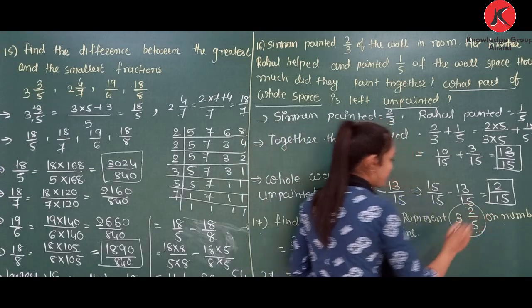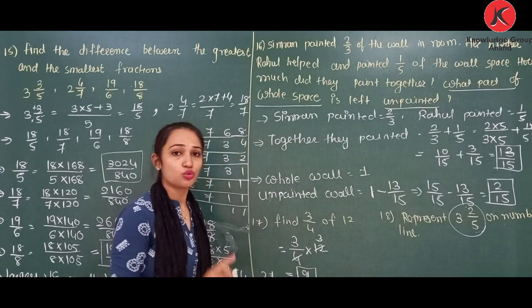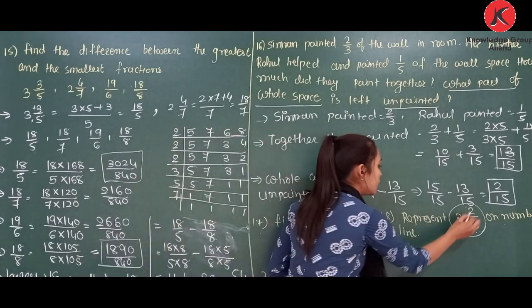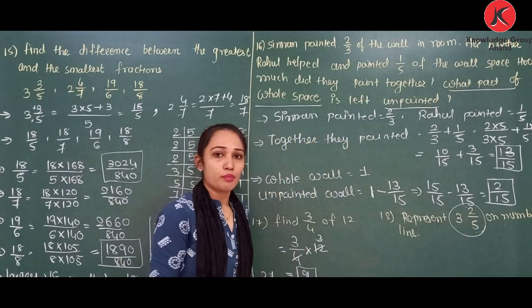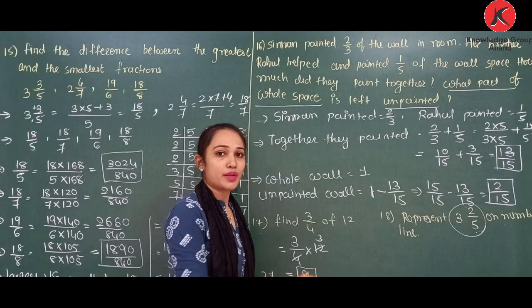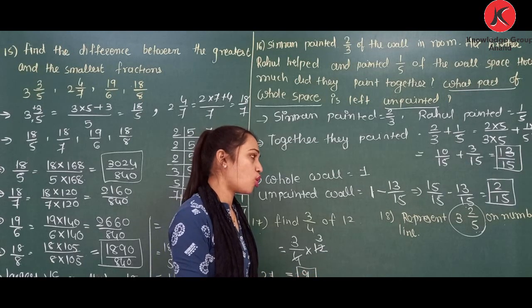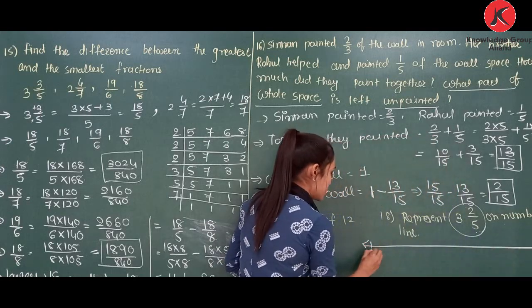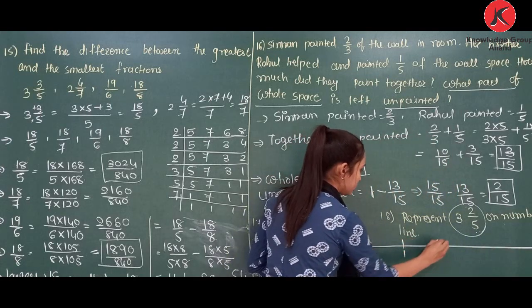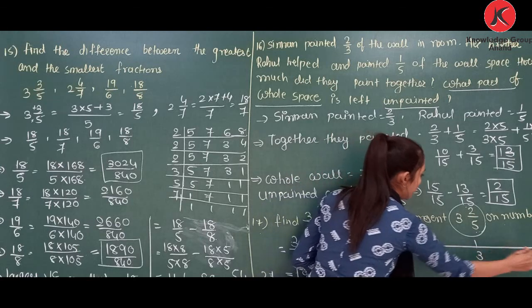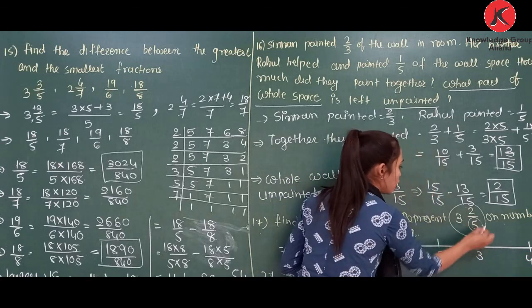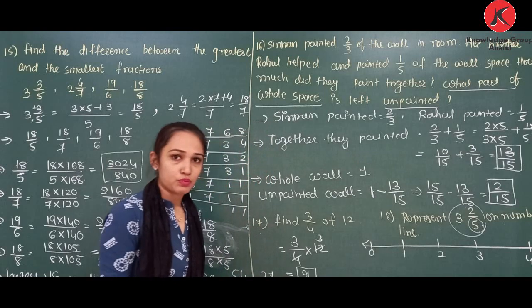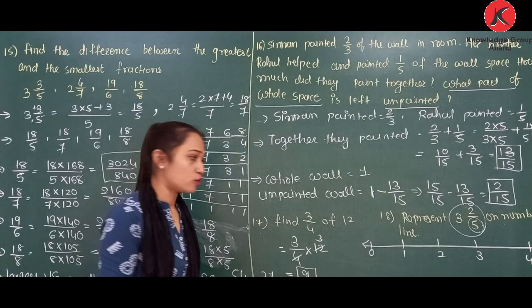Now you can see this is a mixed fraction. So you can represent it in two ways. You can represent it on a number line like this: 0, 1, 2, 3, and now here the denominator is 5, which means each part is divided into 5 parts.